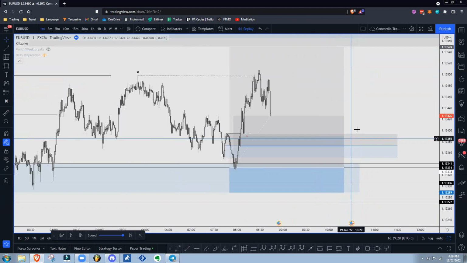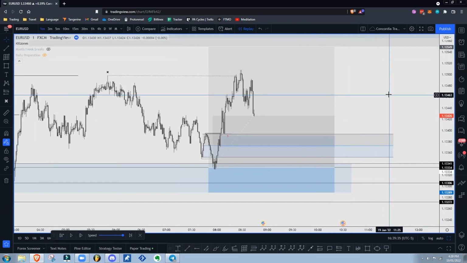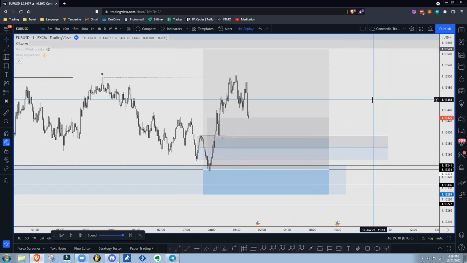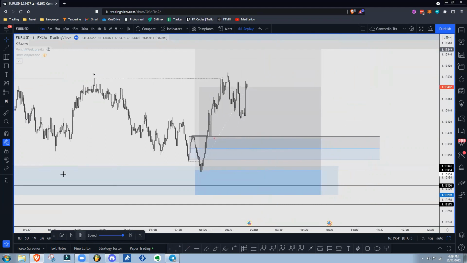If I just stick to the major plays on the day, then I'm good. It's when I start trying to scalp up a storm that I really get into trouble, and I start losing multiple in a row and stuff like that. So you can see, I was just going to say again that this one looked good, right?